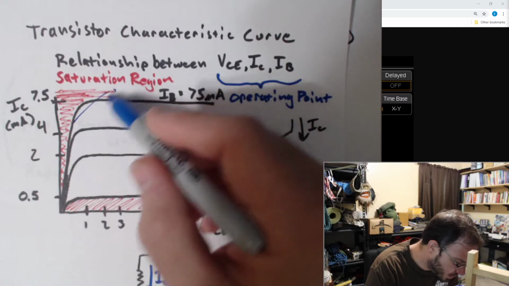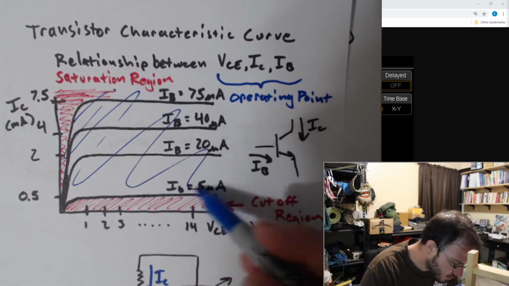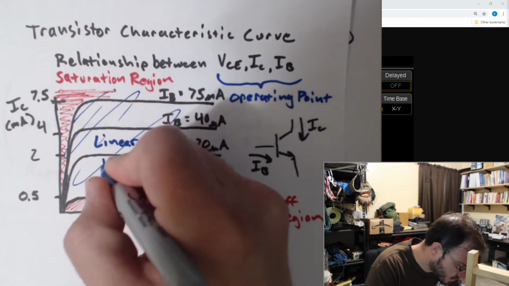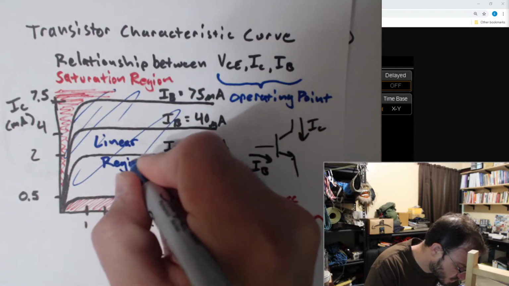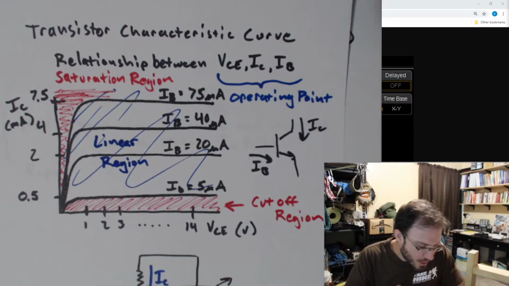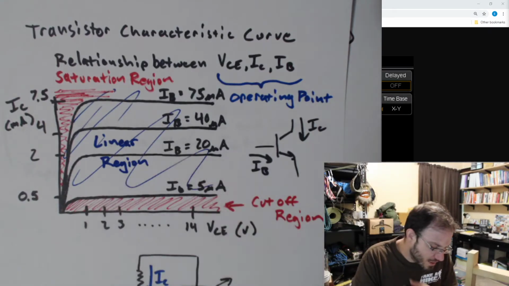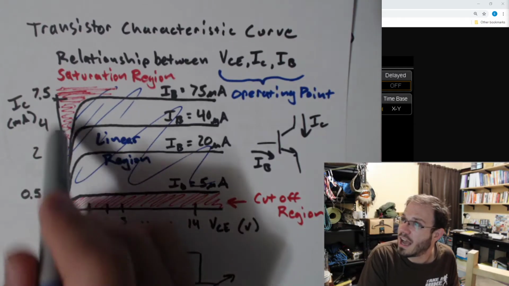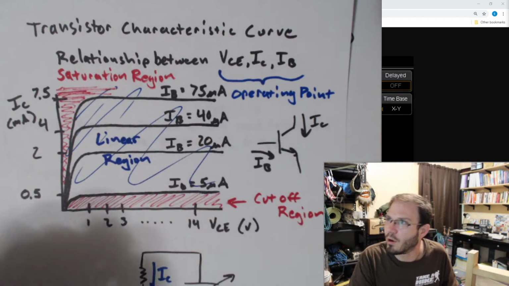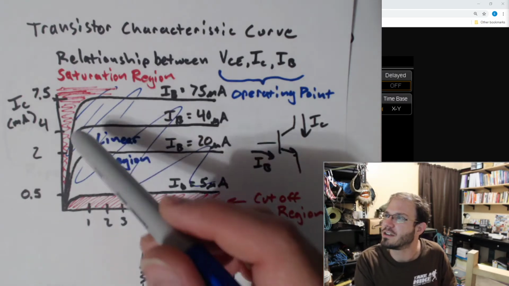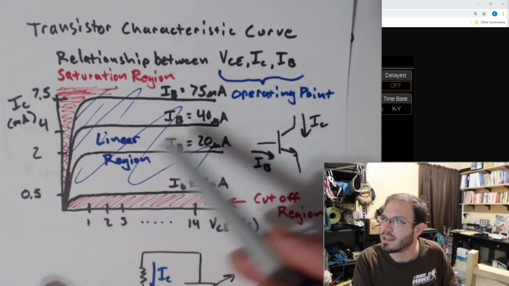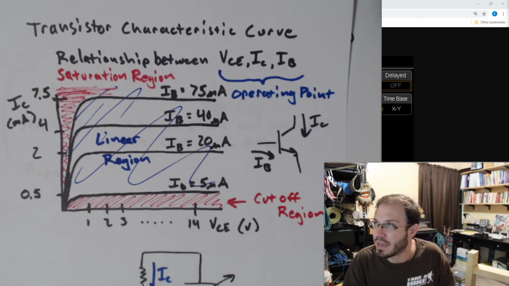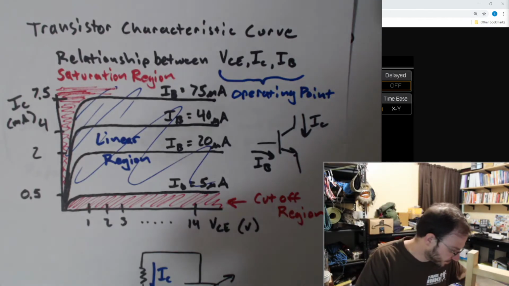And so this whole area is our linear region. Okay, so on this characteristic curve, we can see our cutoff region, our saturation region, and our linear mode of operation, our linear region. So everywhere in between here where the transistor is operating, we get that relationship of beta between IB and IC.